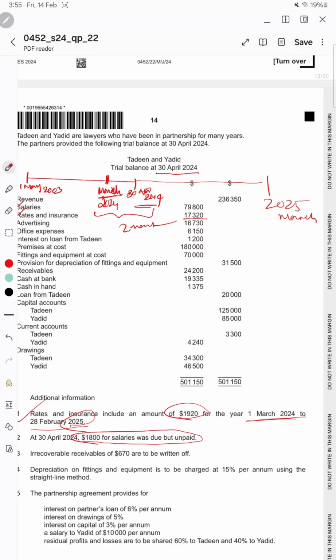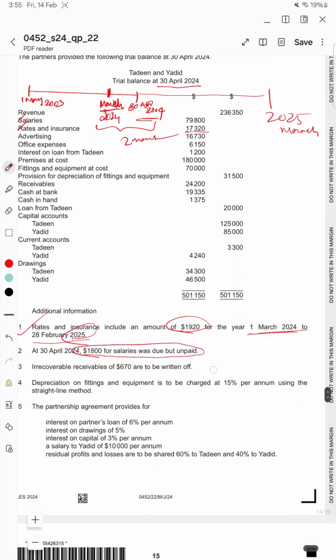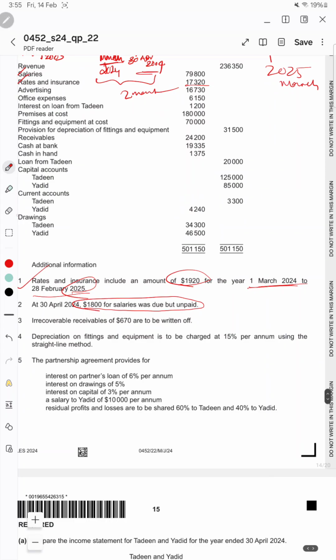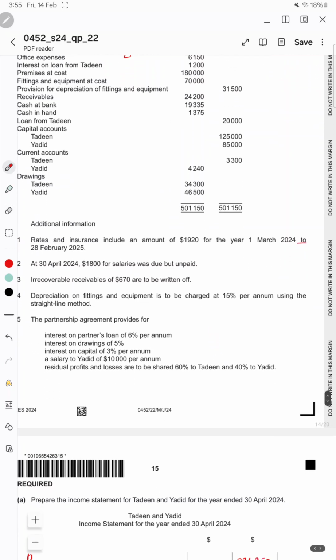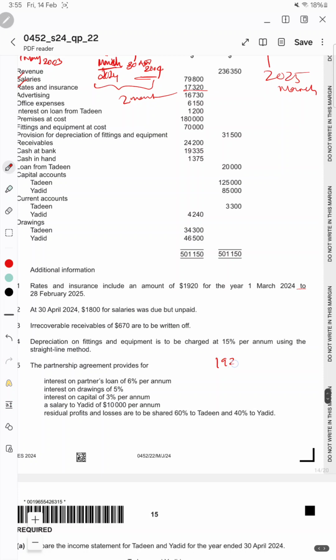Prepaid will be deducted, so first we need to find out how much is prepaid. We paid rent and rates of 1920 in total, for 1 year. We have to deduct the amount which is not for this year. So 1920 divided by 12, for 1 year means 12 months, so each month it is 160. How many months are in this year?